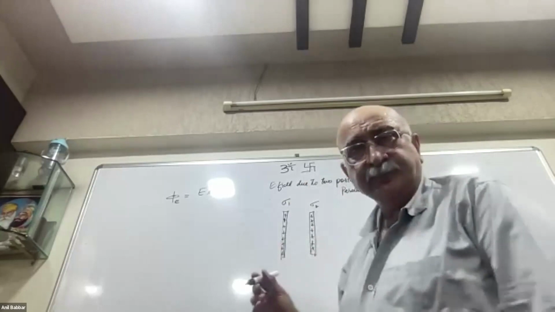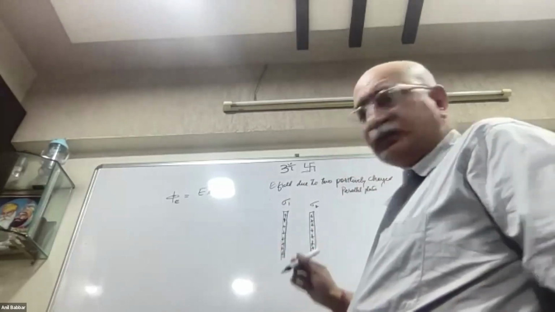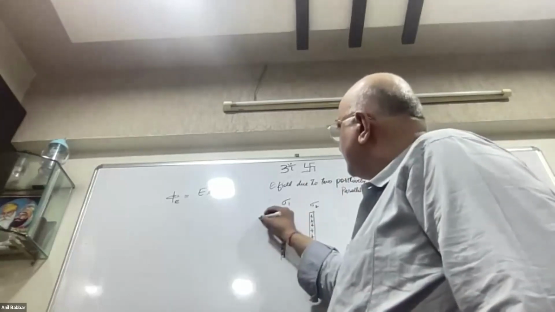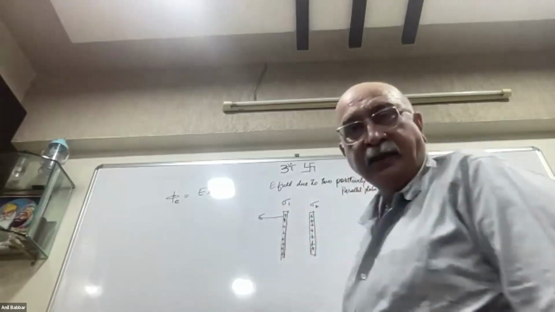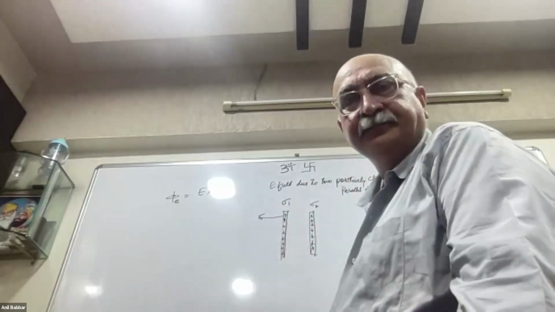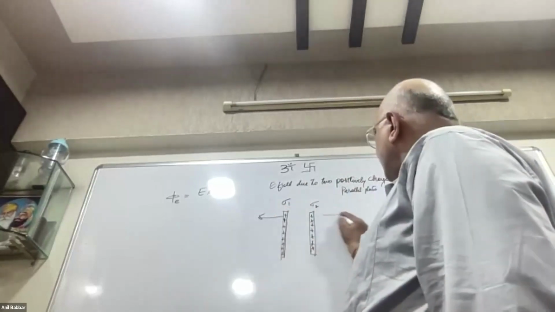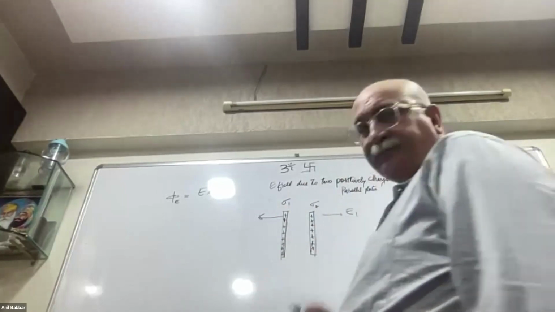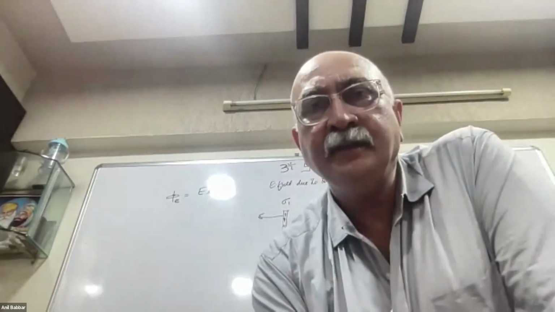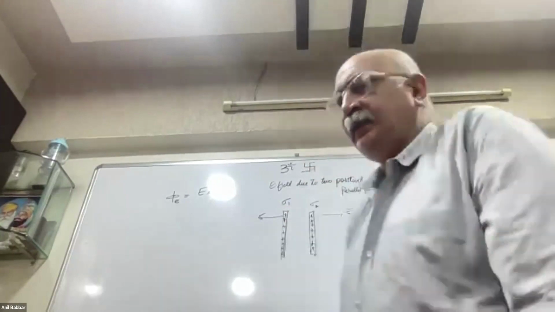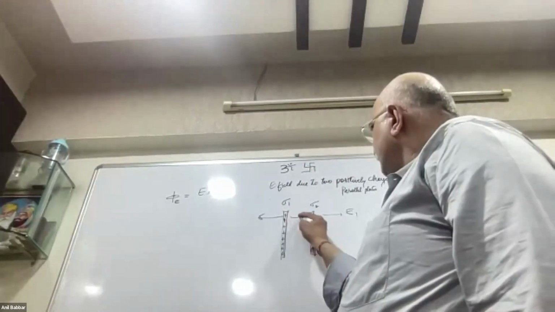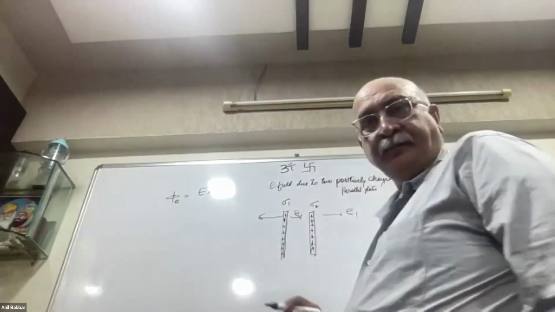Plate number 1, plate number 2. Now the electric field due to this one moves this way, that is E1. Here also it is E1, and in between, it is away from it, E1.